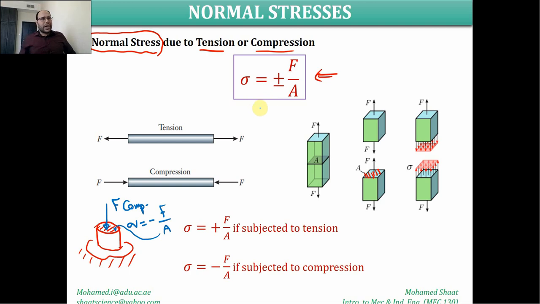So you're going to end up with a tensile stress equal to positive F over A, where A is the cross-sectional area of this square area. Make sense? So this is simply how we can calculate the normal stresses, whether tension or compression, due to a force acting. The condition is that this force should be perpendicular or normal to the surface. That's why we got the name normal stress.